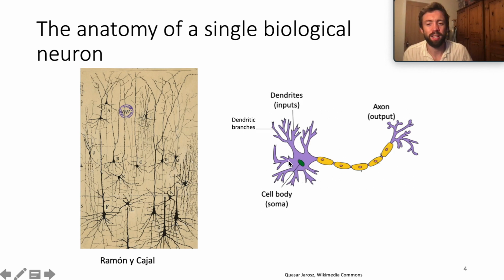And what we see is these still major sections of the dendrites, which is where most of the inputs come in, the cell body, also known as the soma, and the axon, which is where the outputs from the cell tend to come from. And we can see that these dendrites tend to come and divide themselves into lots of different little branches.